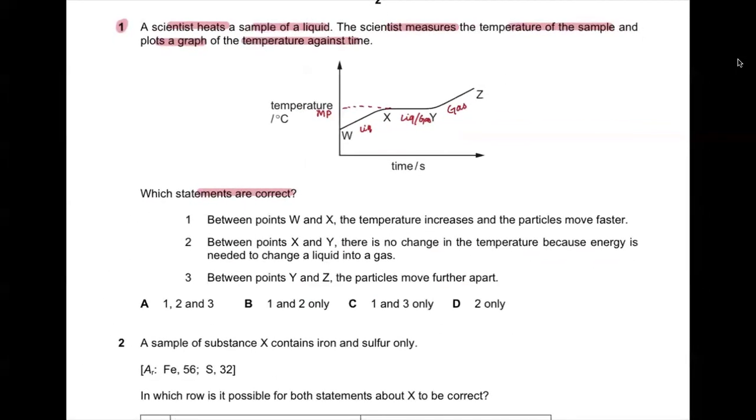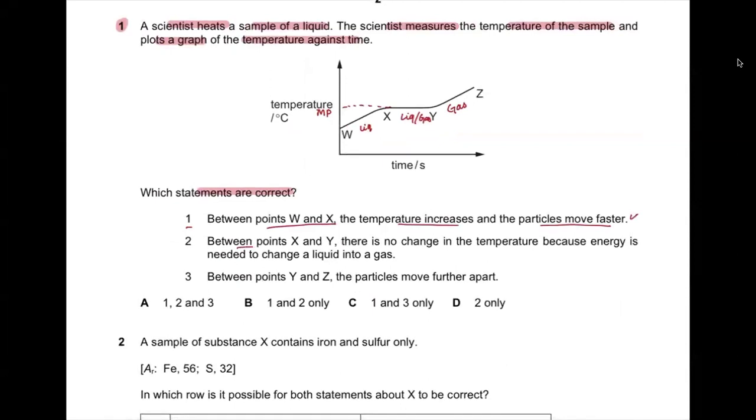Okay. So point 1, between points W and X, the temperature increases and the particles move faster. Yes, it seems correct. Point 2, between points X and Y, there is no change in temperature because energy is needed to change a liquid into a gas. Yes, point 2 seems correct.